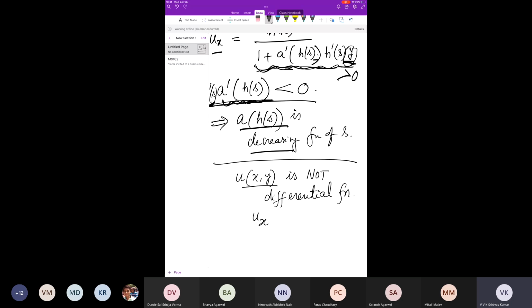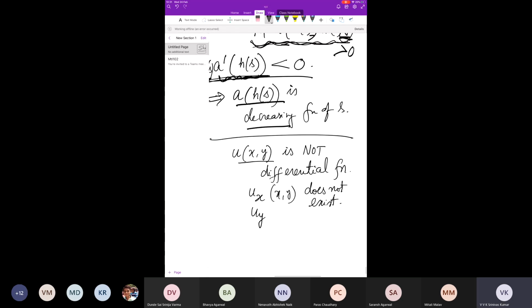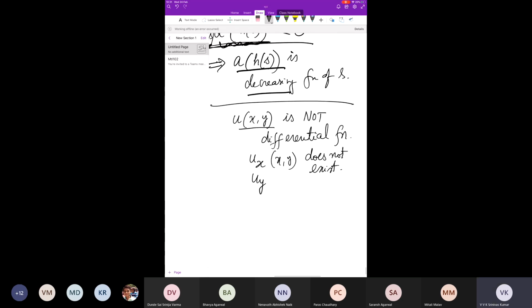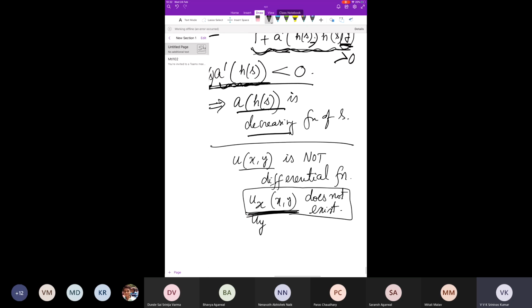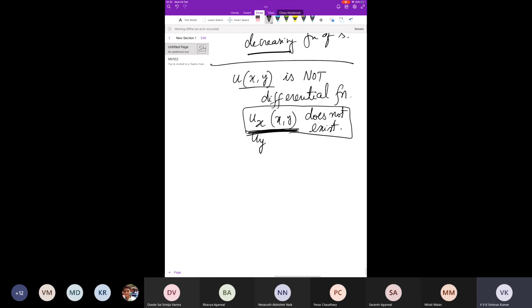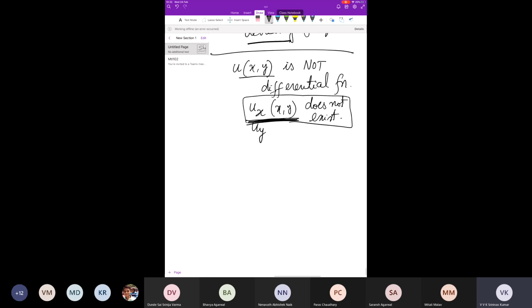We have ux and uy. Derivative does not exist. So first we are checking with this one. If one of them fails, then it is gone. When this does not exist, when this is becoming a decreasing function of s. Fine.